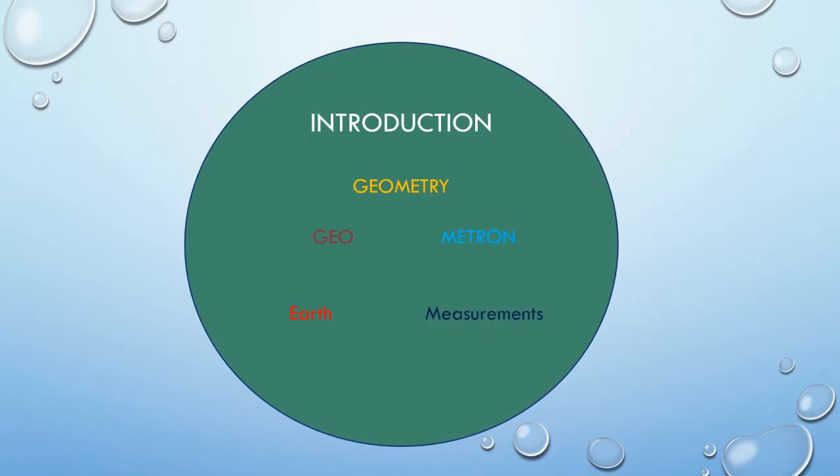Introduction. Students, do you want to know what geometry is? This word is actually derived from the Greek word geometron. Geometron is made of two words, geo, which means earth, and metron, which means measurement.